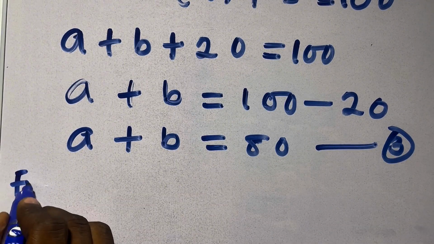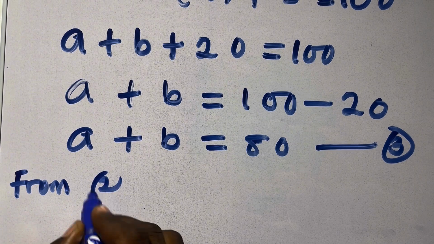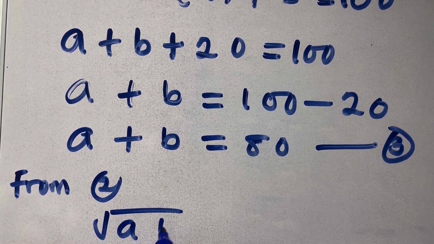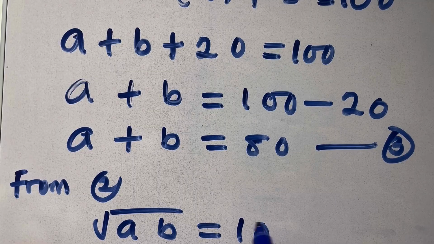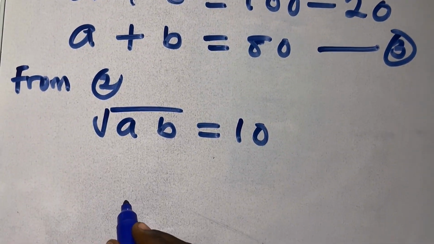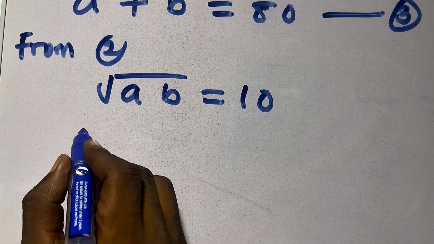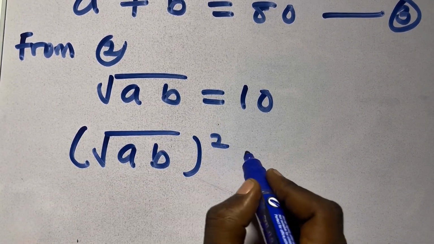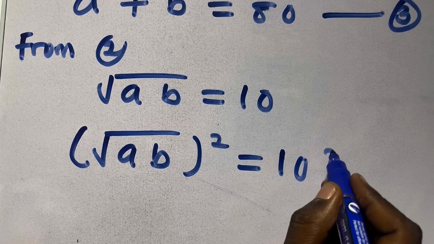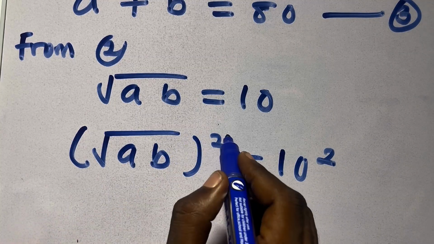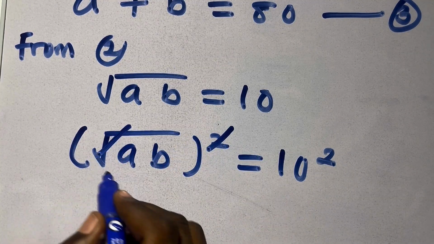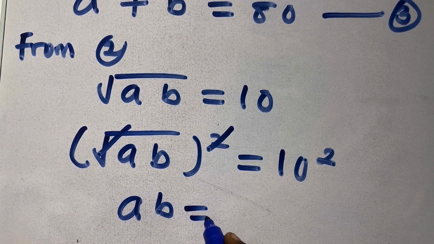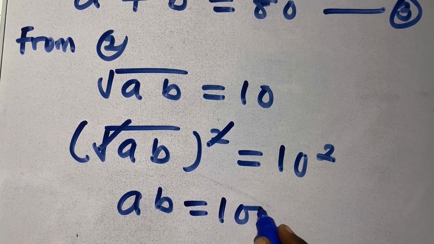Also, from equation 2, which says square root of ab equals 10, let's also square equation 2. If you square it, we have square root of ab squared equals 10 squared. The square cancels the square root, so we have ab equals 100.